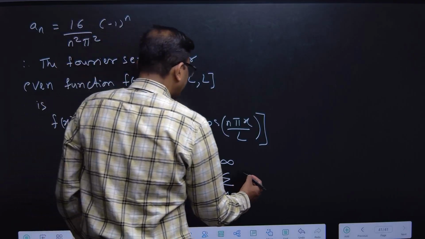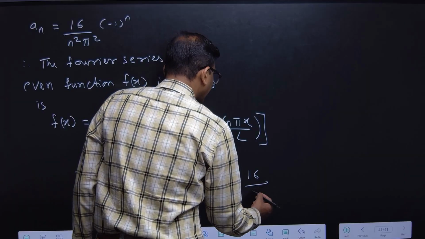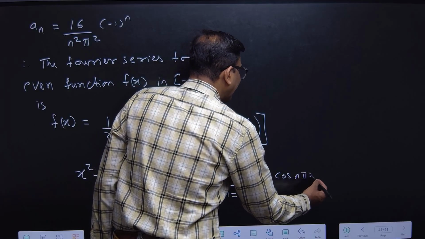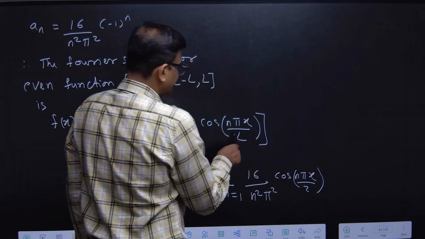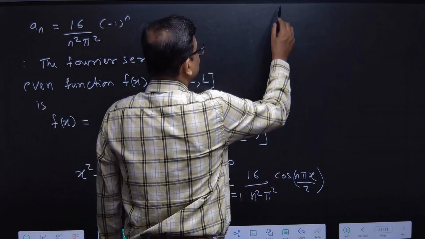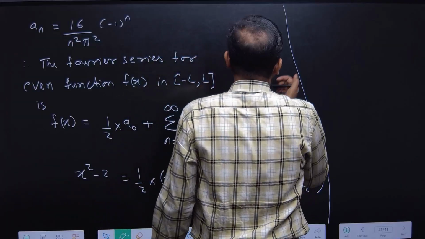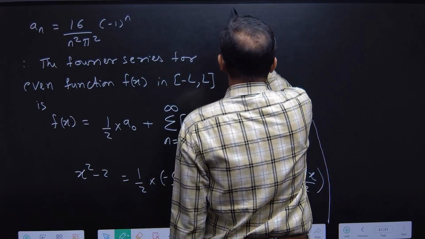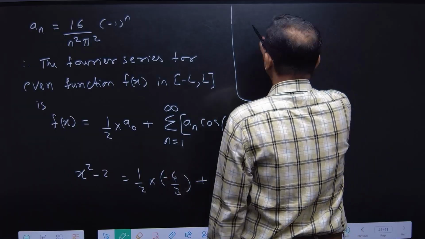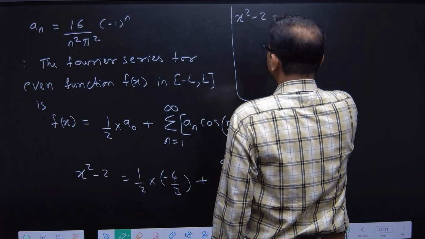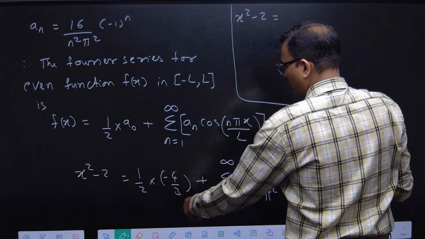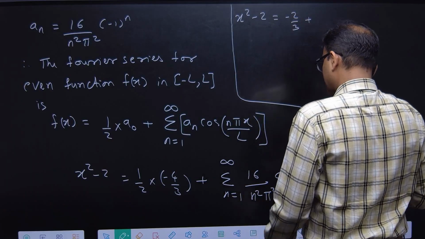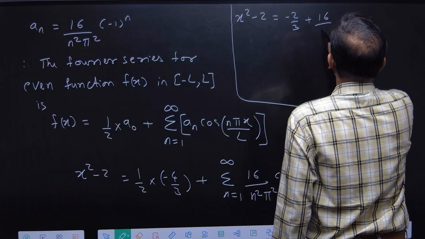We substitute the value of an we have got it as 16 upon n square pi square into cos of n pi x upon L, L is 2 in this case. In this problem, L is 2. We substitute that value of L 2. So, we get therefore the required Fourier series as, x square minus 2 is equal to this minus 4 by 3 into half will become minus 2 by 3 plus we can take 16 upon pi square outside the summation.